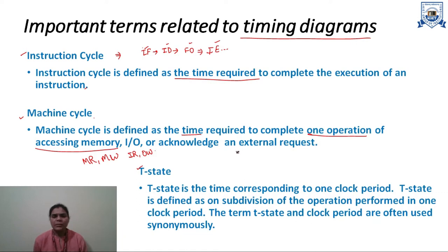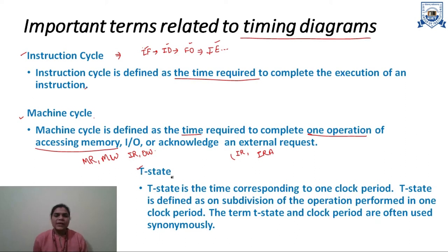It can be some interrupt request or interrupt request acknowledgement. So machine cycle is defined as the time to complete one operation related to memory, input, output, or some external request.